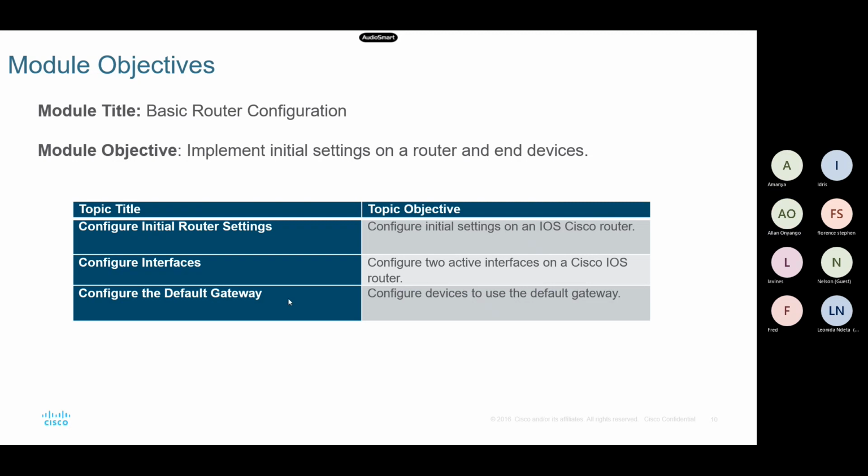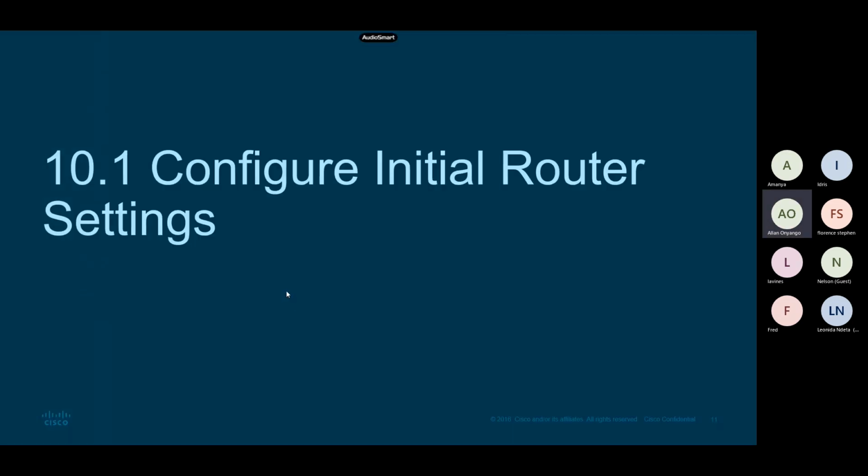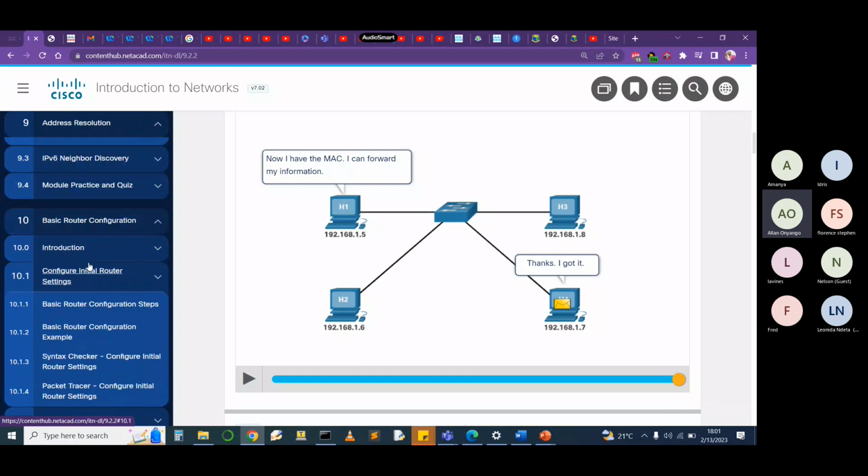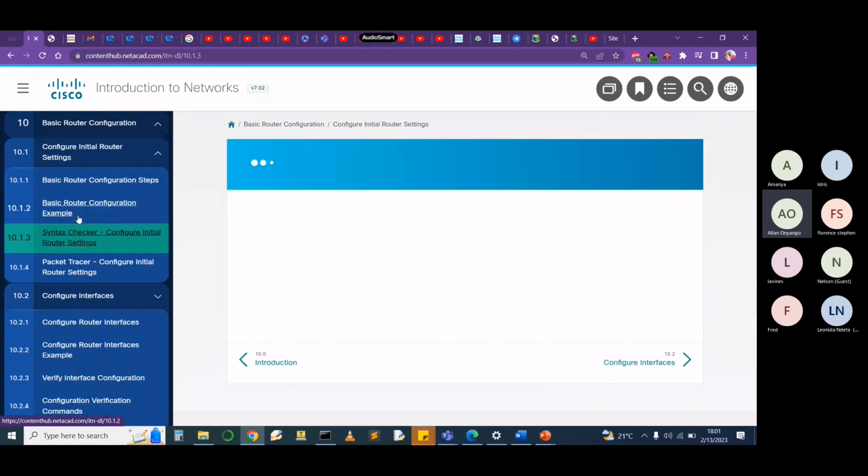So, having talked about that, let's go back and revisit the initial router configurations here. And this is nothing that you guys don't know. This is nothing totally new for you guys. So let me just load up a syntax checker for initial router settings, so that we can see how exactly that takes place. So we are going to look at the basic settings.